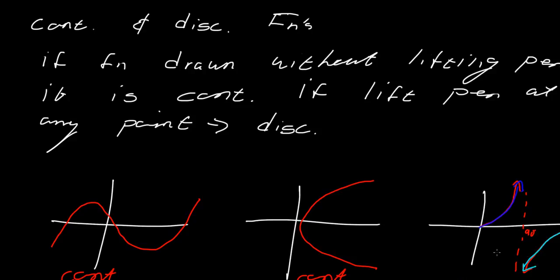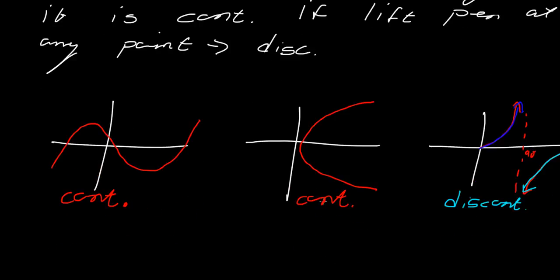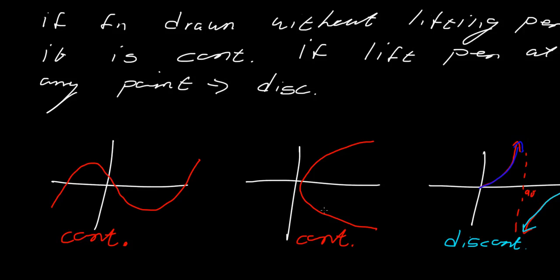And if you have to lift your pen at all, it is discontinuous. The other definition they give here is as soon as there's a gap in the graph. You see here, there's no gap in the line, no gap in the line, and here there's a gap in the line right there.